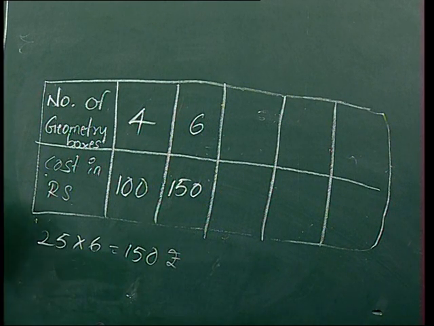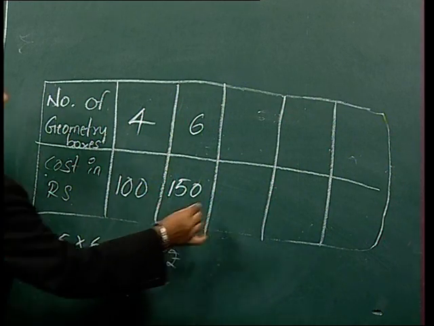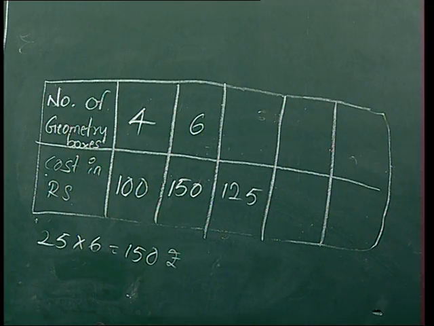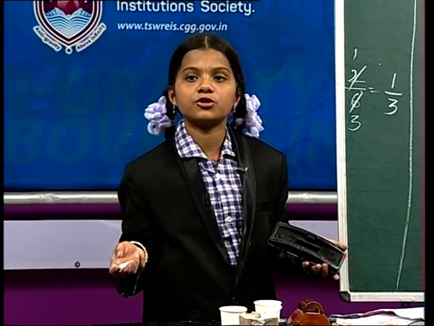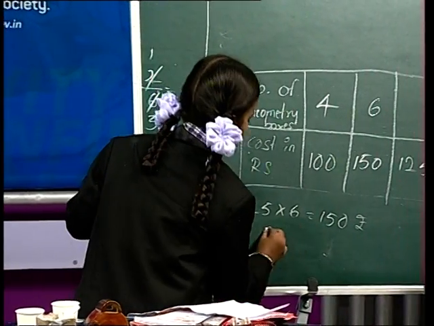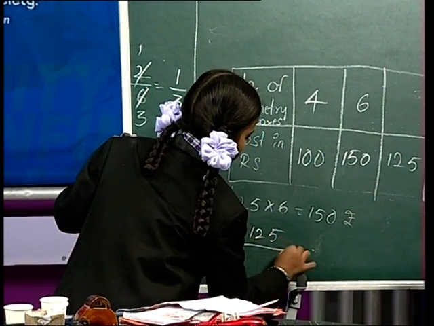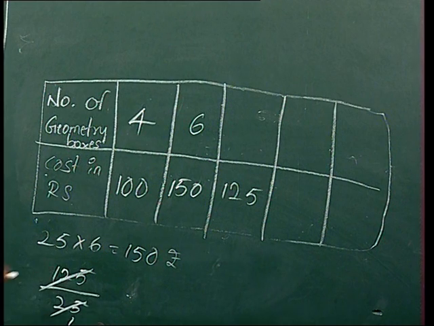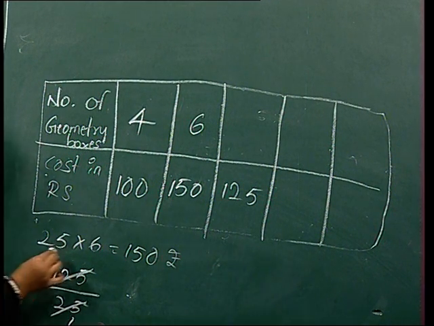Next, here the cost is 125. Then what do we find? How many geometry boxes are there? So 125 divided by 25 is 5.